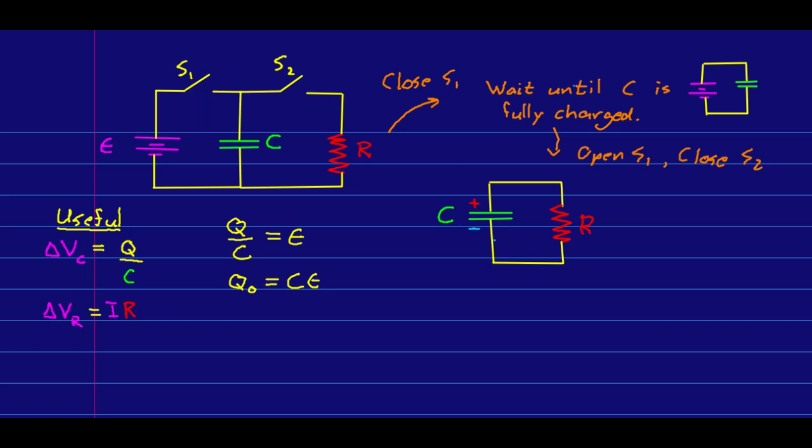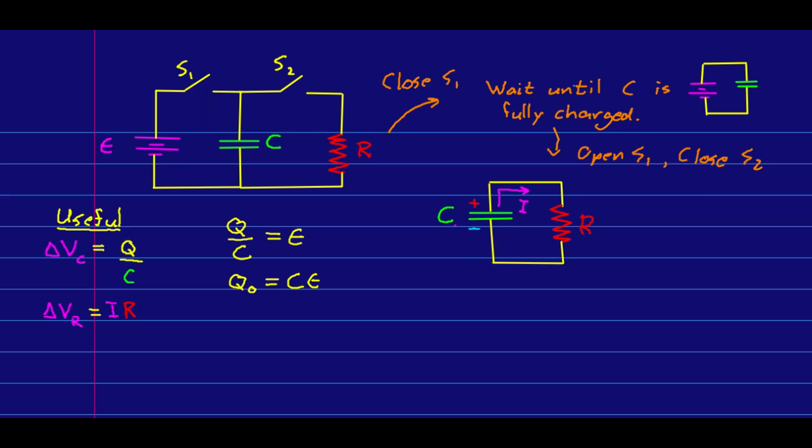Now remember, what that means is that negative charge, electrons, are going to flow off of the negative plate around to the positive plate through the resistor. But we are going to think instead using conventional current, and so that is going to go in the opposite direction. And so we are talking about a current which now flows around this as the capacitor discharges. But notice what happens.